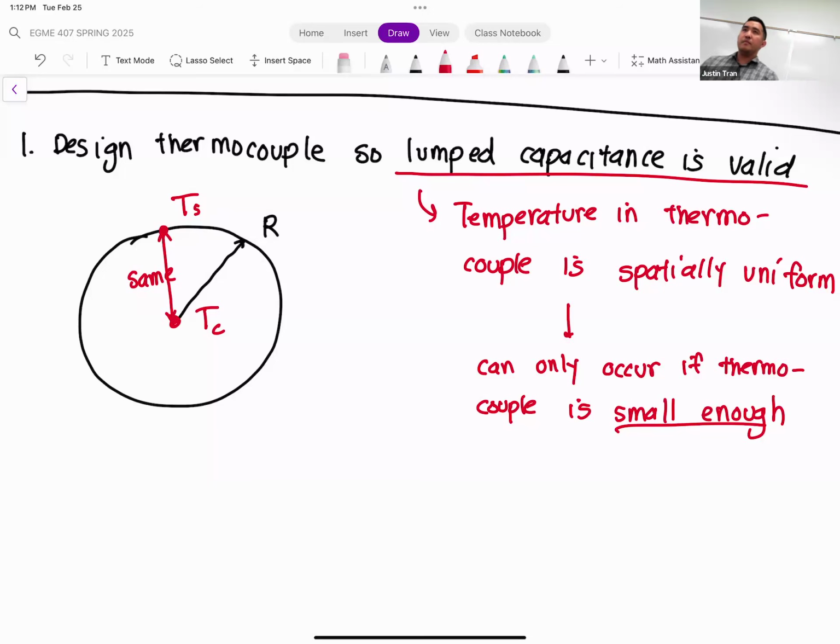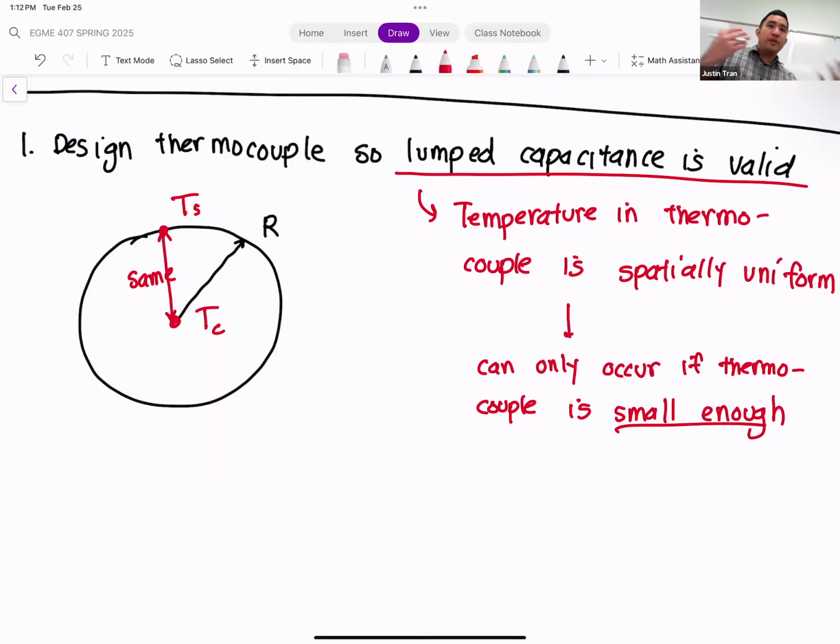Generally, when applying the lump capacitance method to many different situations, it's really only valid for relatively small objects, because a small object doesn't take long for heat to propagate all the way through.